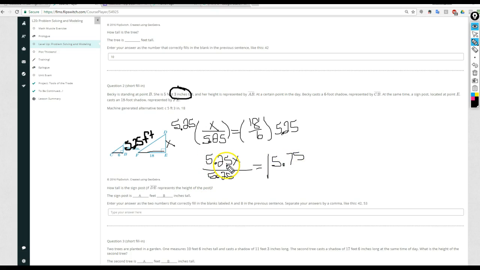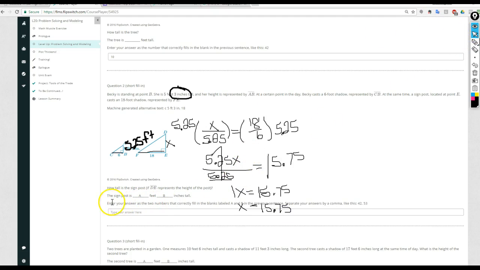Then 5.25 divided by 5.25 is a form of 1, so we have 1x equals 15.75, or I could write it as x equals 15.75, since the 1 is implied.